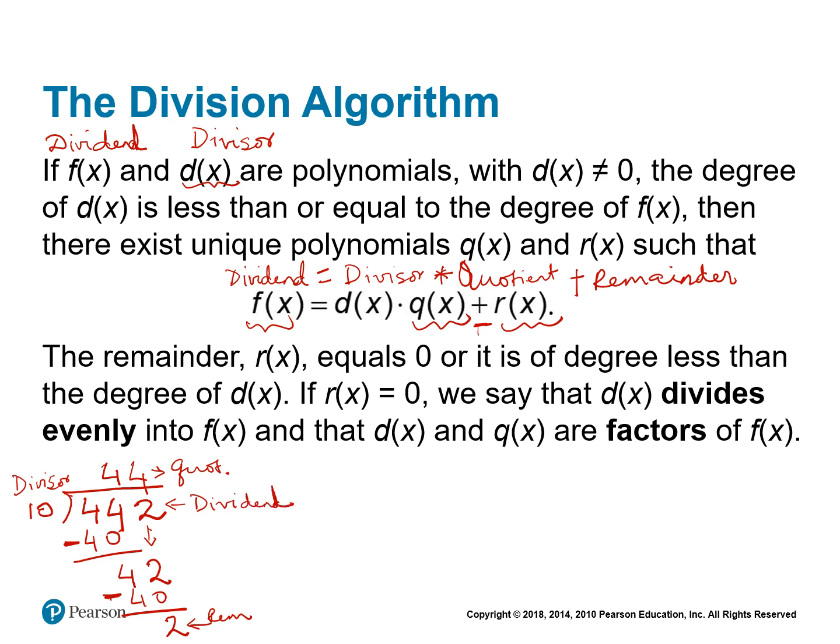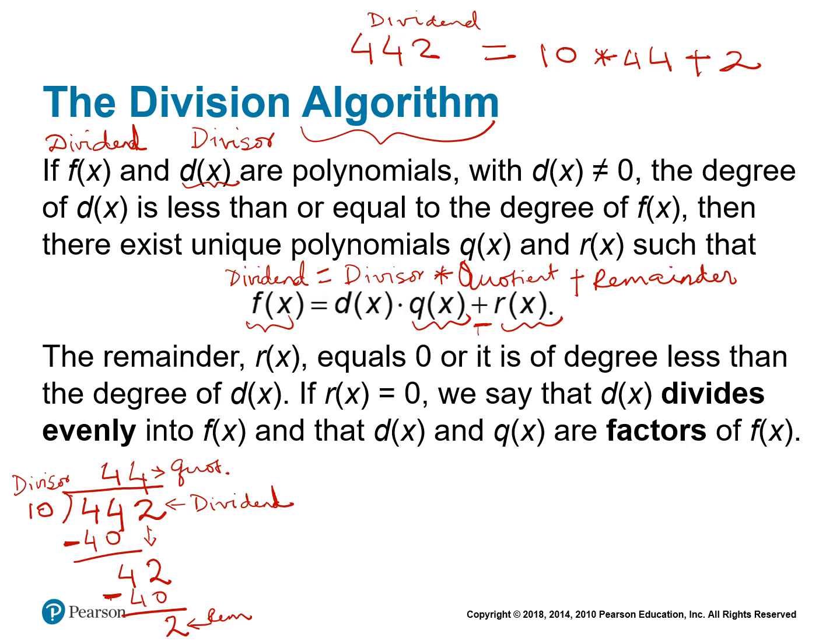So based on this algorithm, what they are saying is f of x, the dividend 442, is equal to the divisor, 10, multiplied by the quotient, which is 44, plus 2, which is the remainder.